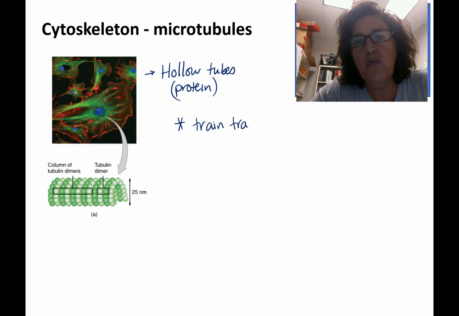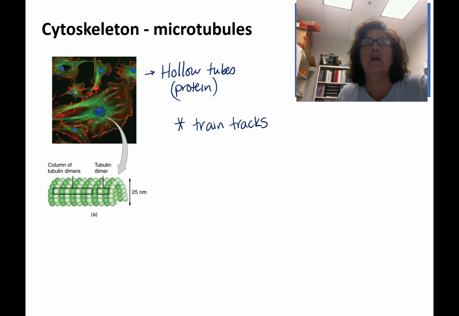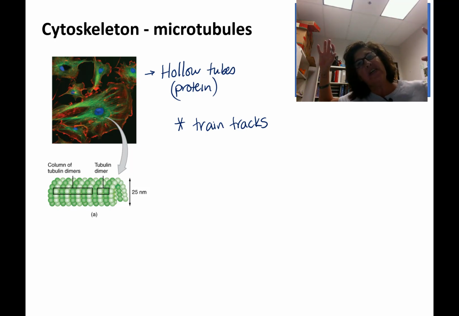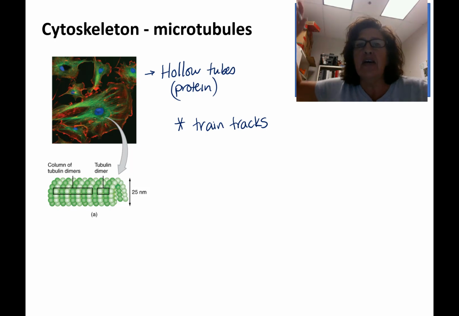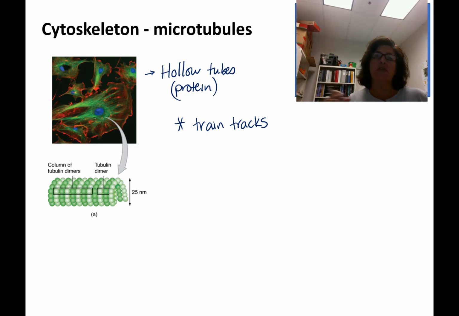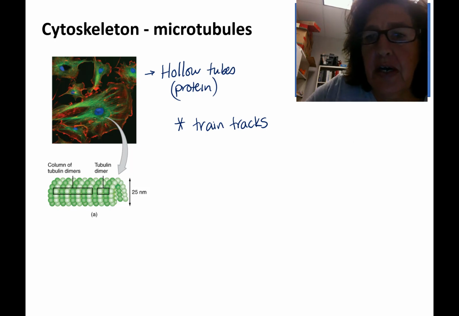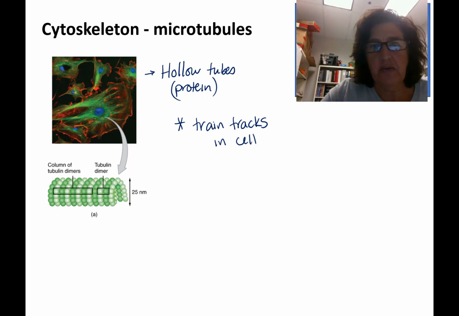So for moving things around in the cell, there are these really cool things called motor proteins that will hold organelles and vesicles and walk down these microtubules back and forth to take things in an orderly fashion from, say, the ER to the Golgi. So train tracks in the cell, and you can see these are all stained green. It's really pretty.